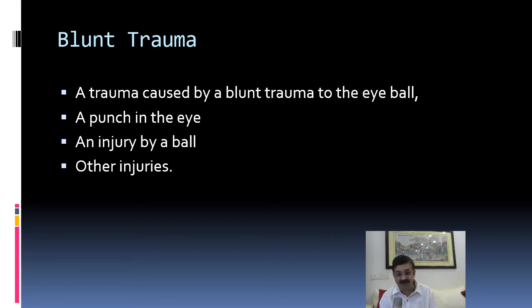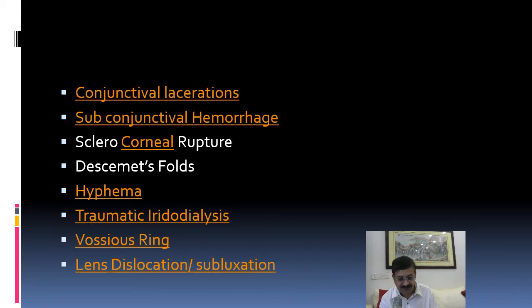Now, blunt trauma. A trauma caused by a blunt object to the eyeball is blunt trauma. It could be anything. It could be a punch in the eye, it could be an injury by a ball, or it could be any other injuries caused by other objects. Now, what are the mechanical injuries that we see? It could be conjunctival laceration.